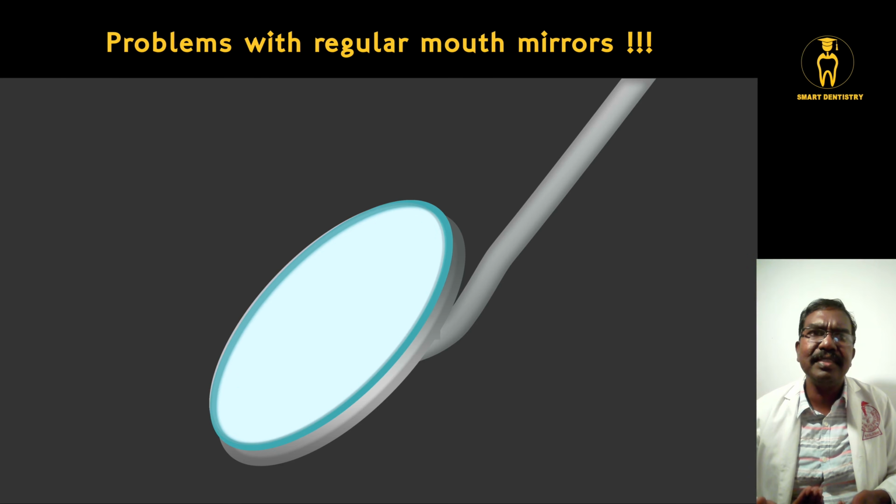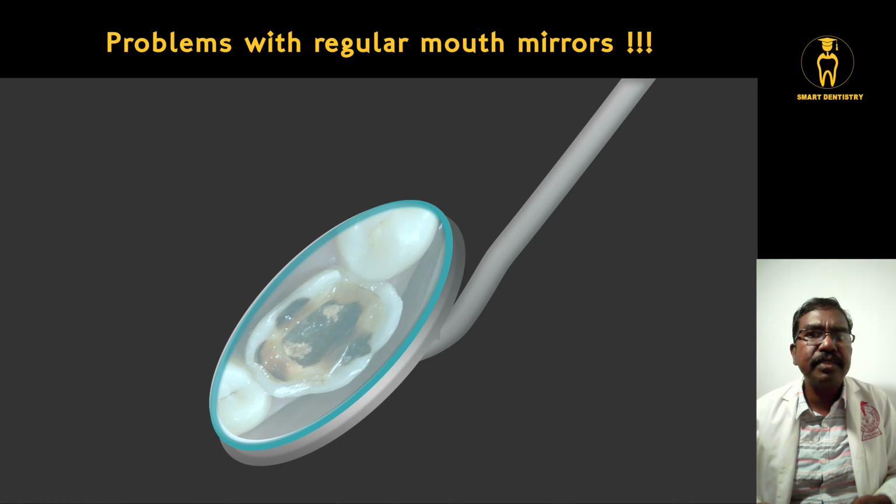In this glass there is a coating. That coating can be on the top surface or the rear surface. If the coating is on the rear surface, that's the regular mouth mirror that everyone uses in day-to-day practice. The image is formed on the rear surface of the glass.